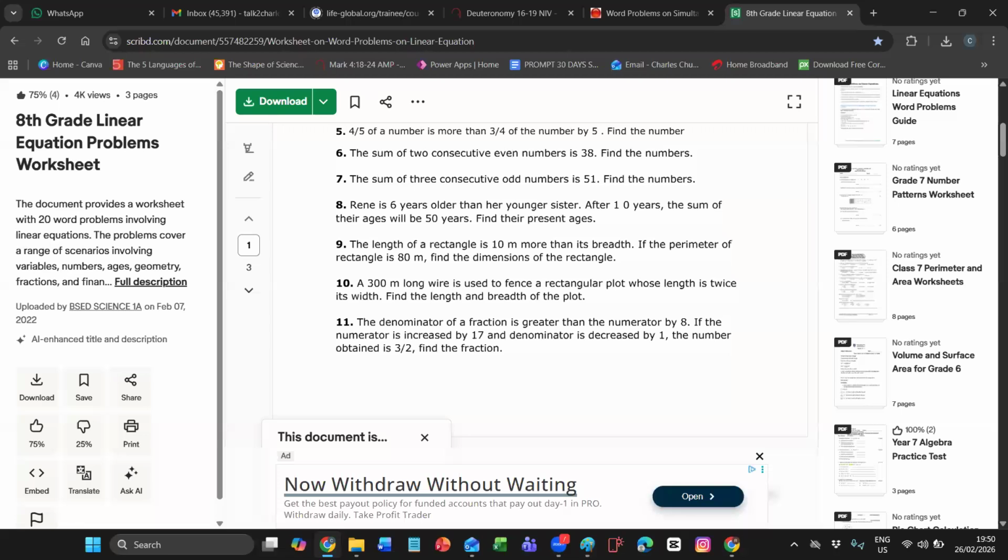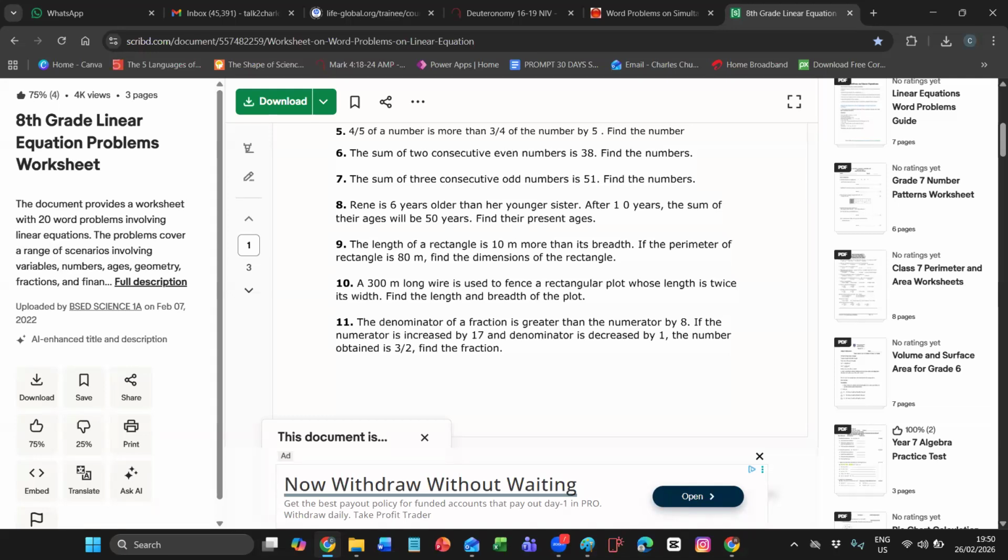Find the length and the breadth of the plot. Now, if you notice, number 9 said find the dimensions. Asking you to find the dimensions and asking you to find the length and the breadth of the plot are virtually the same thing, right? Yes, just different ways of saying the same thing.